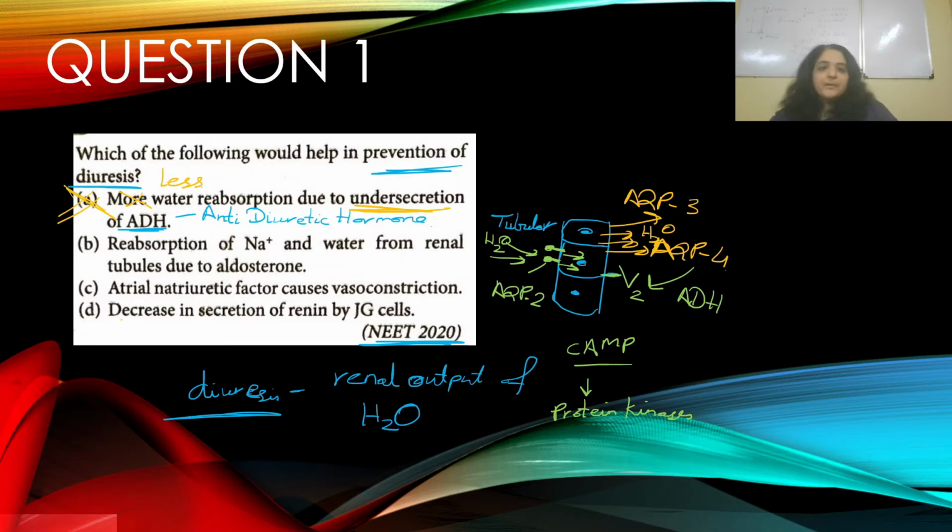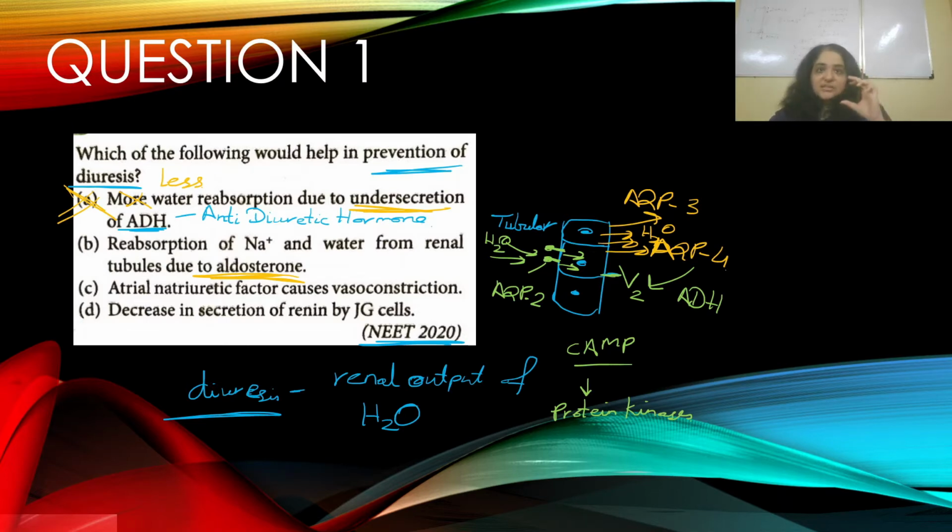Alright, B: reabsorption of sodium and water from renal tubules due to aldosterone. Aldosterone does play an important role in the reabsorption of sodium, from the later part of the DCT and the cortical collecting tubules. That region is very important.